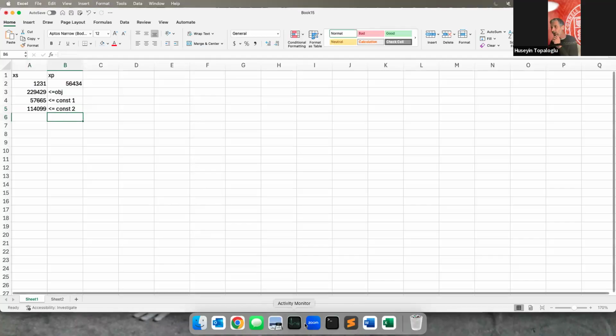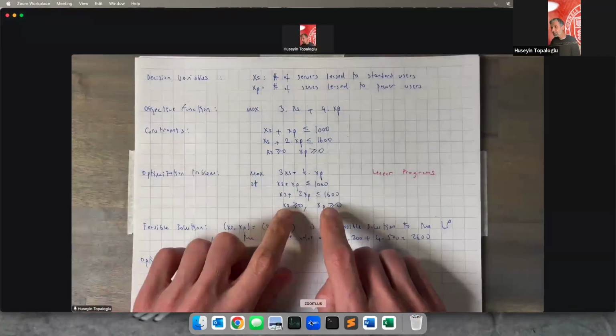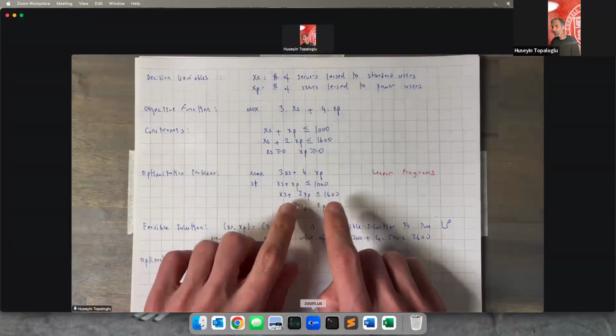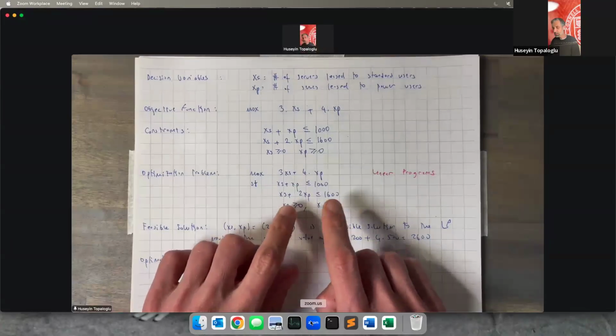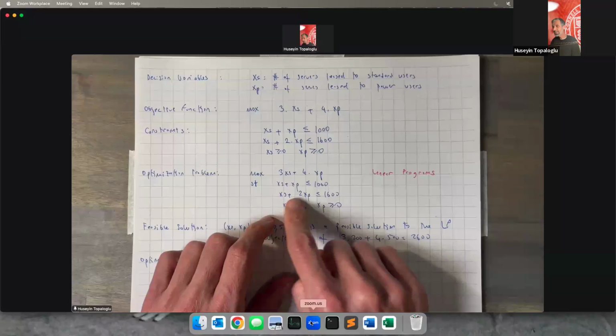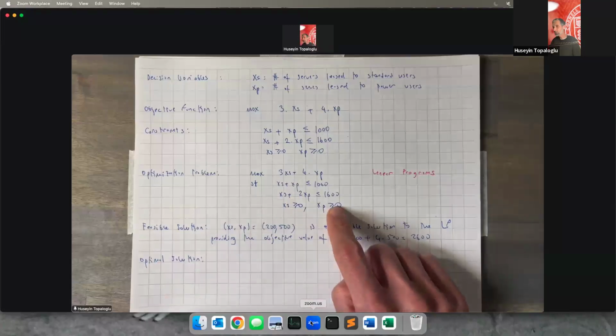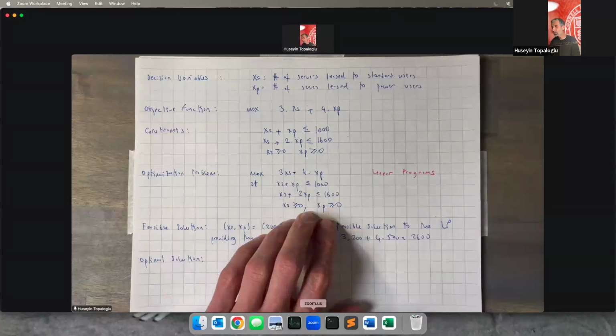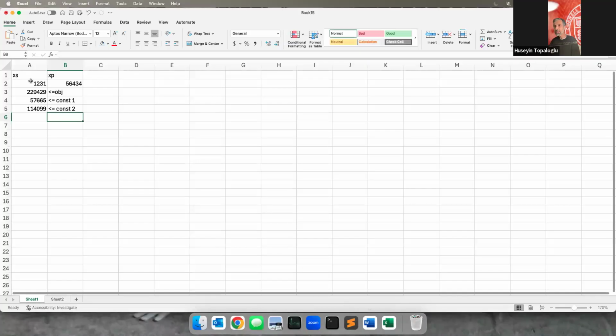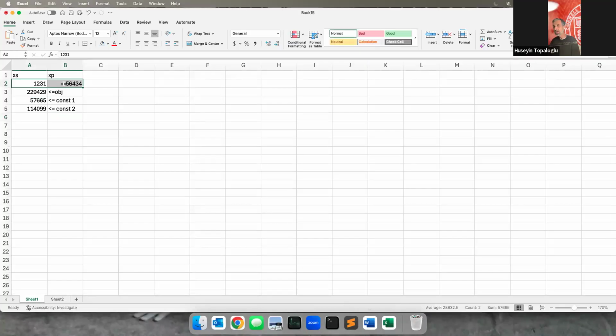Great. And we have these non-negativity constraints. It turns out Excel solver can take care of non-negativity constraints automatically, which we're going to see in a minute. So we're not going to explicitly write the non-negativity constraints. So now we prepared our spreadsheet, in the sense that we have two cells keeping track of our two decision variables. We have a formula that keeps track of our objective function as a function of our decision variables.